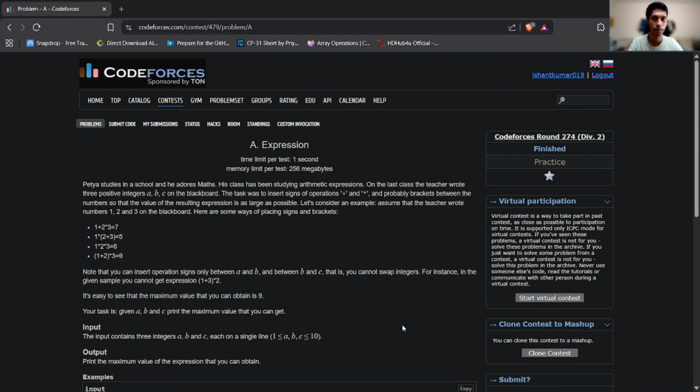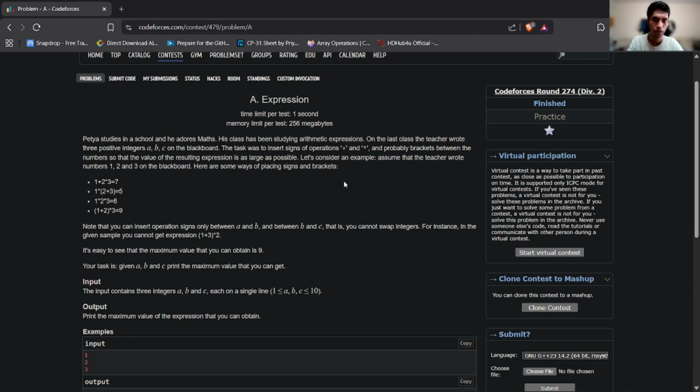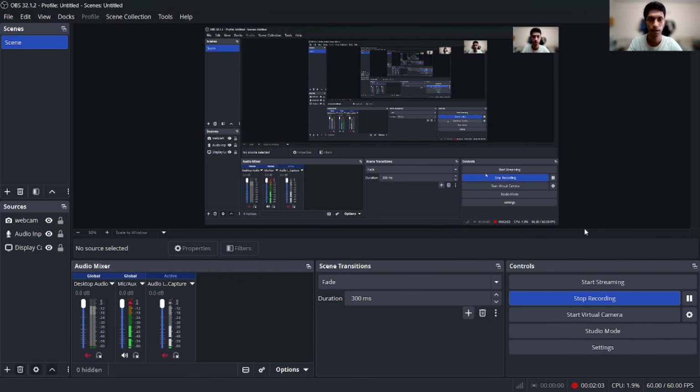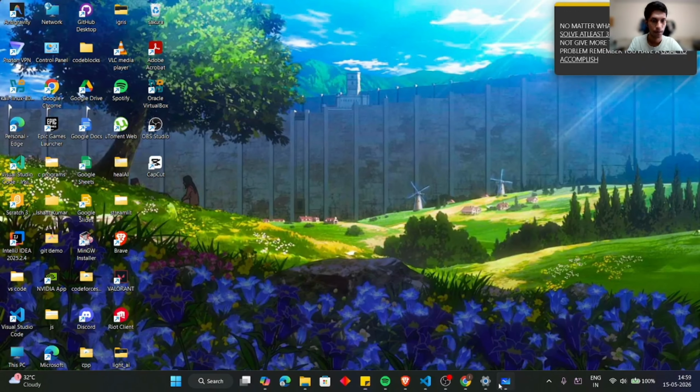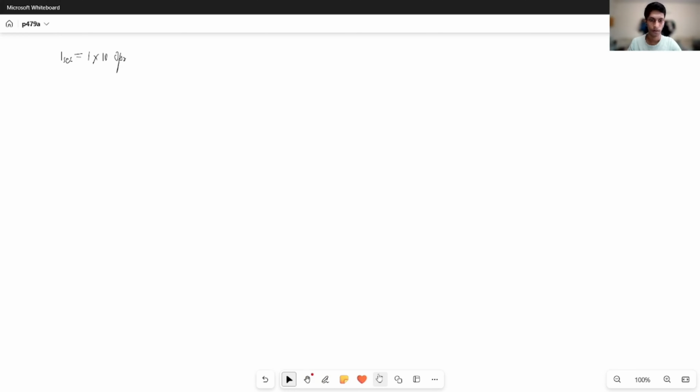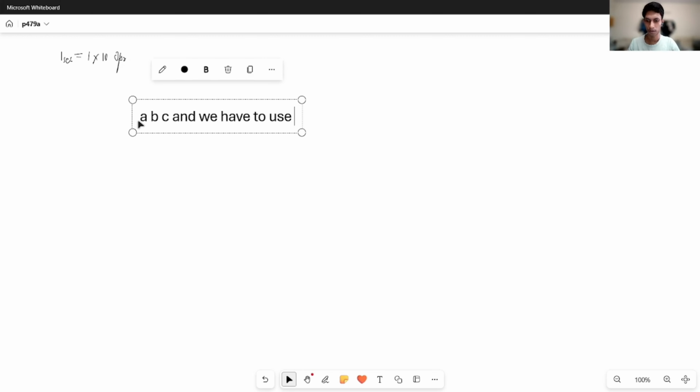So we have to use two operations, plus and multiplication. We will be given three integers A, B, C, and we have to use these two operations, plus and multiplication.